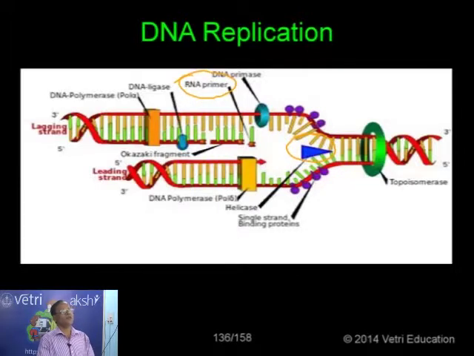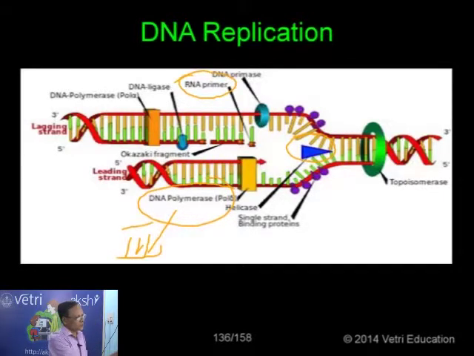Normally, the continuous strand is synthesized with the help of the enzyme DNA polymerase 3. Now, this is DNA polymerase 3. It is also called delta polymerase. Delta polymerase is mainly responsible for the continuous synthesis of DNA on a template strand.